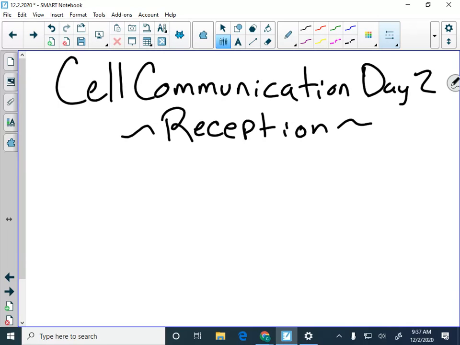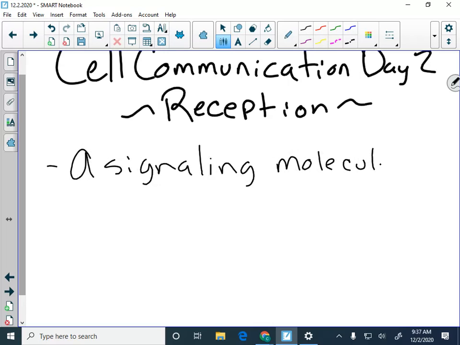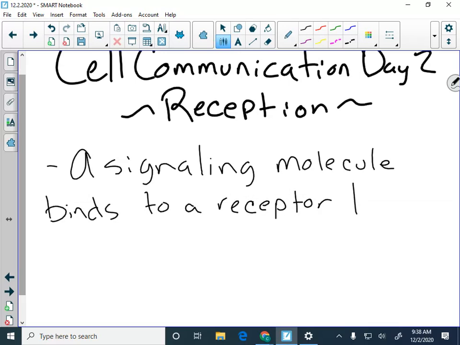So, the process of reception is when a signaling molecule binds to a receptor and the receptor changes shape. So, a signaling molecule binds to a receptor protein and the receptor changes shape.